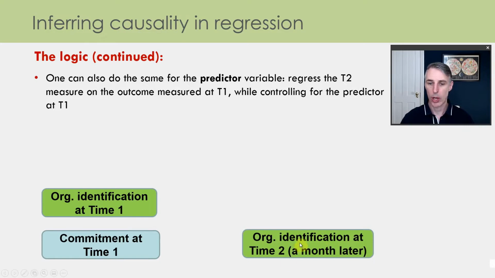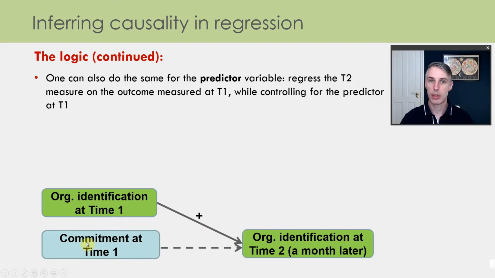So we run a regression analysis in which identification at time 2 is the outcome, and commitment and identification at time 1 are the predictors. Here we've got the auto-regressive effect, identification at time 1 predicting identification at time 2.